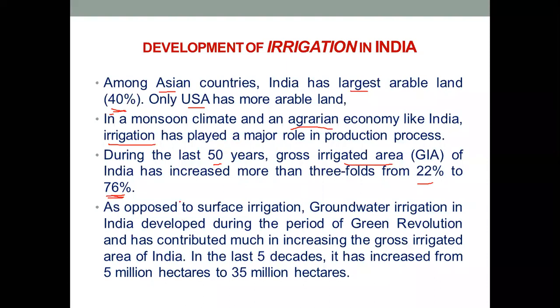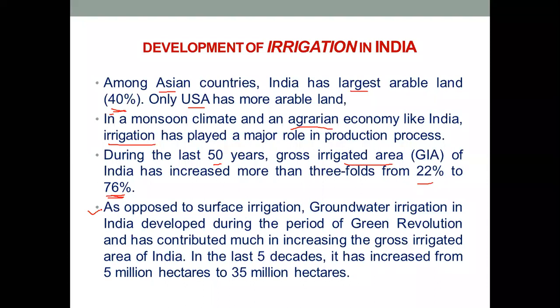So what did the green revolution achieve, or what did they do differently? Before the green revolution, agriculture in India mainly depended upon rainfall, and second upon surface sources such as lakes, rivers and streams.